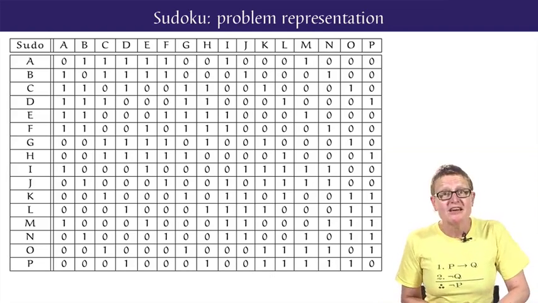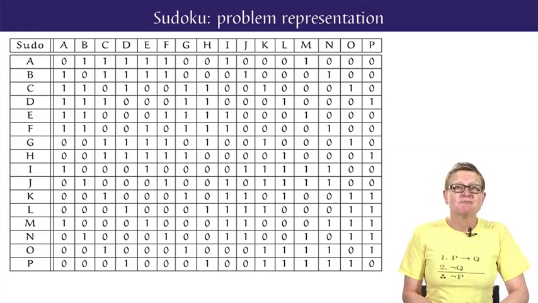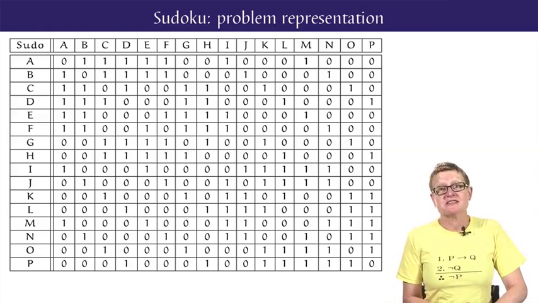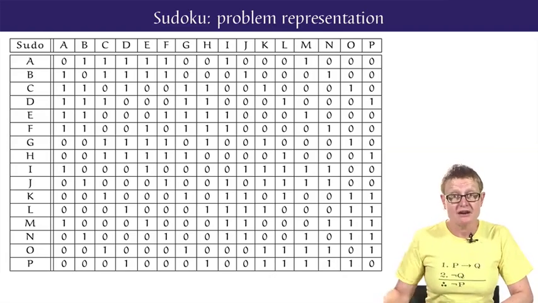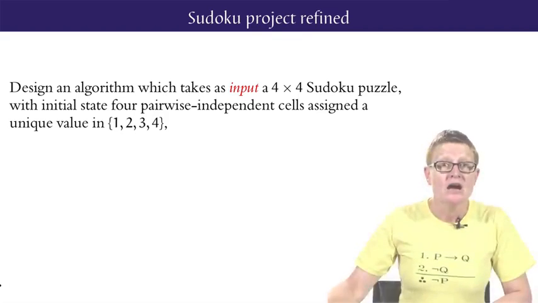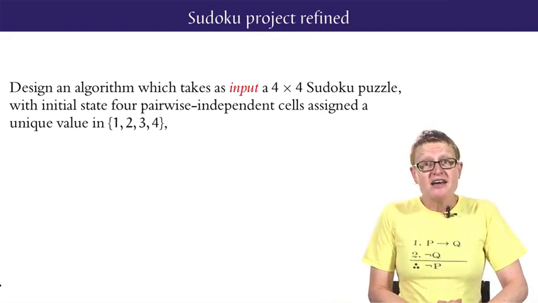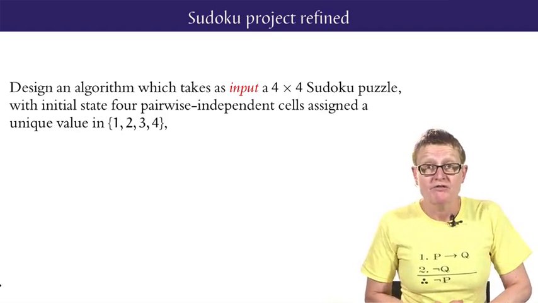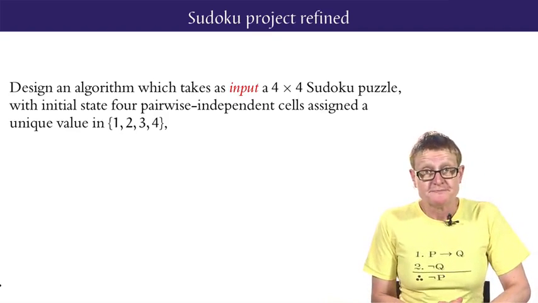But back here, working in propositional logic, we will just make do without having atoms in the language to describe the Sudoku relationship. So we develop a revised or refined statement of the project as follows.